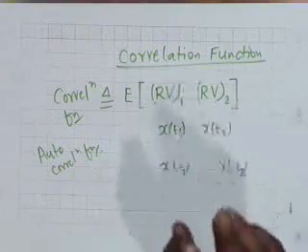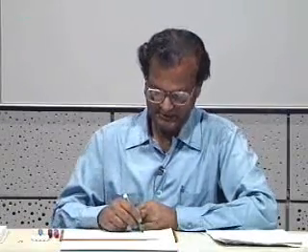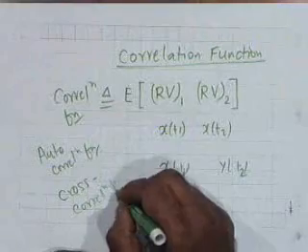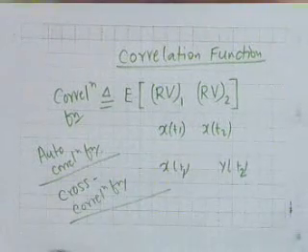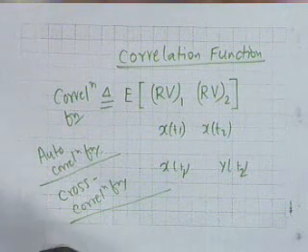We shall require this here also, but we'll come to this later. Now, if the two random variables come from two different processes, then the correlation function is given the adjective of cross correlation function. Autocorrelation and cross correlation, and we shall consider both.